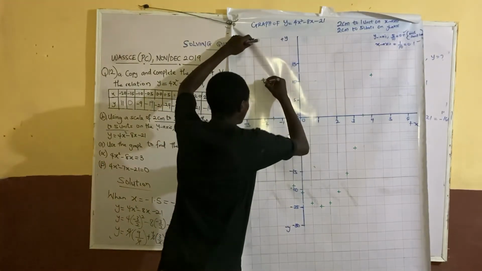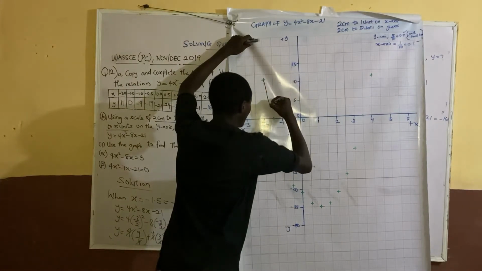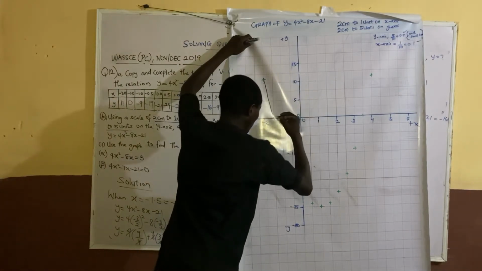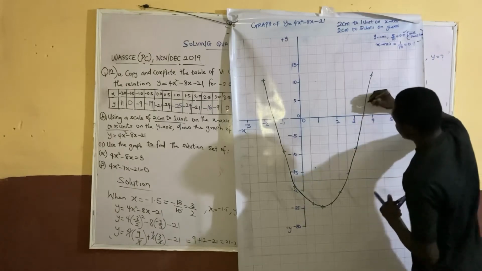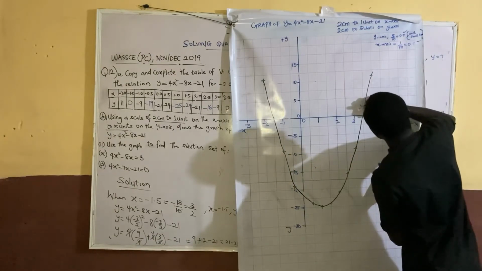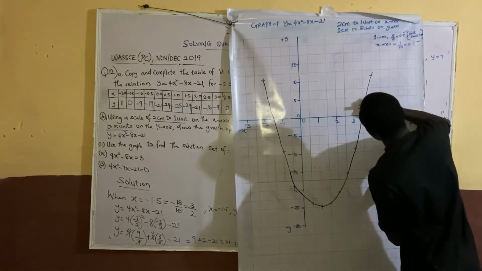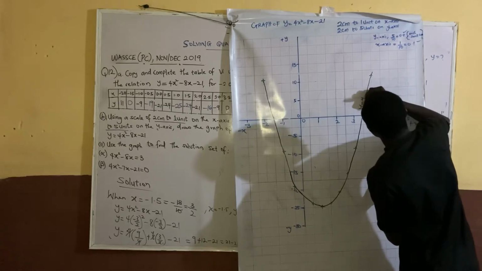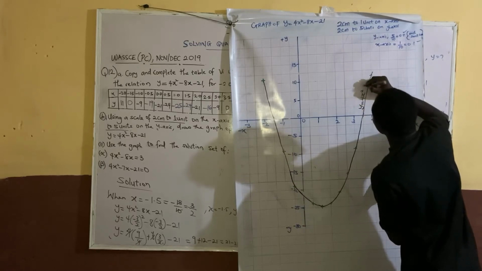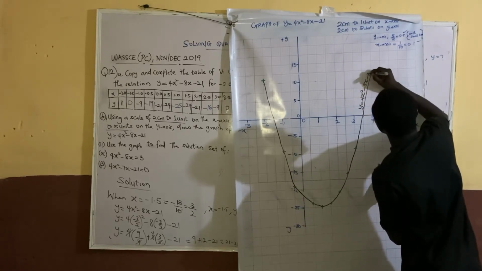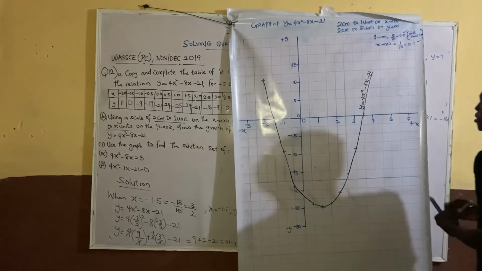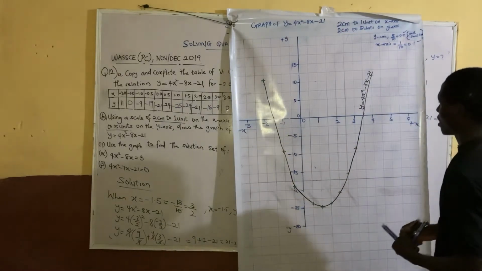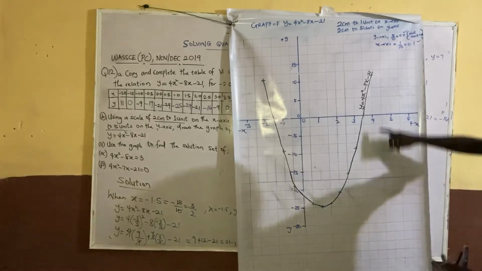So the equation is y equals 4x squared minus 8x minus 21. For an additional mark, please write it there. This is the curve for the graph.